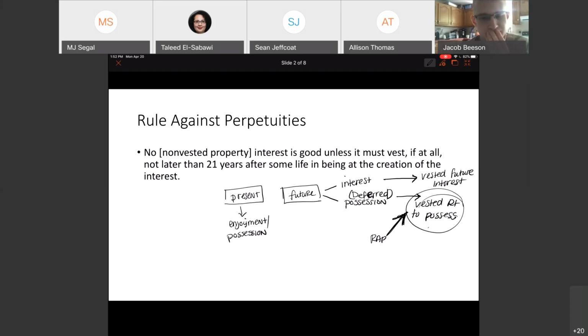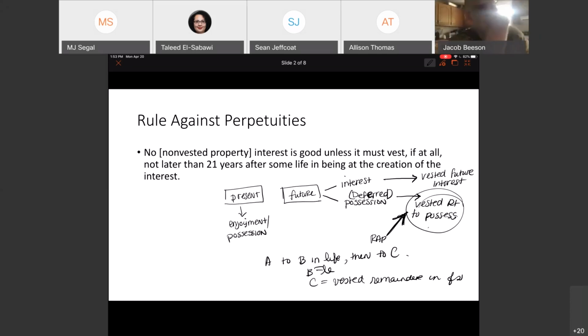when, so let's say, let me give you an example. This is going to be the best way to explain it: A to B for life, then to C. Okay, so we know B has a life estate, right? C has a vested remainder. Be simple.